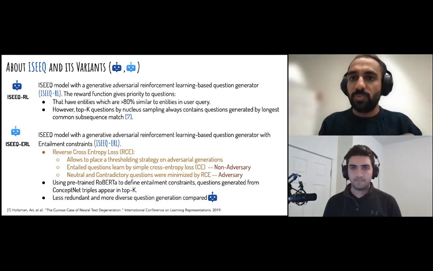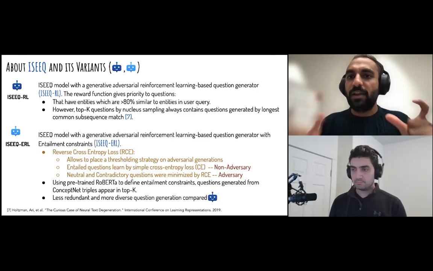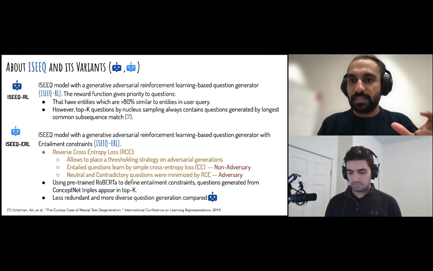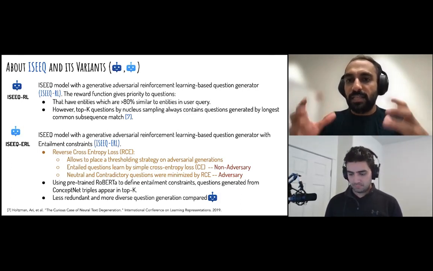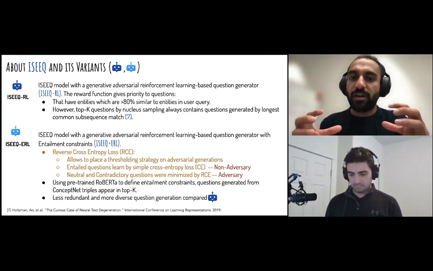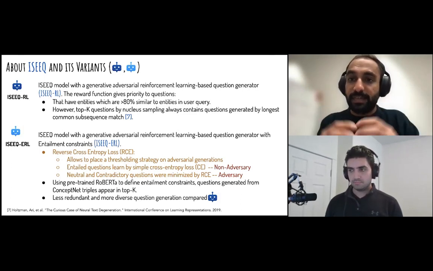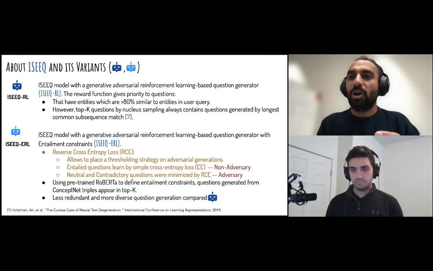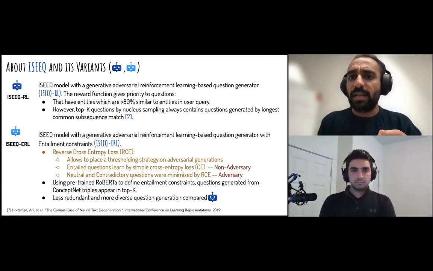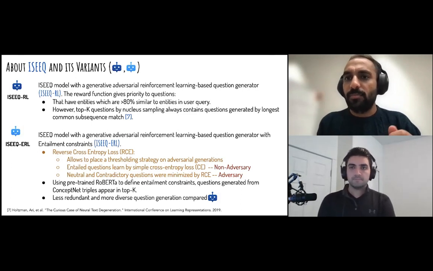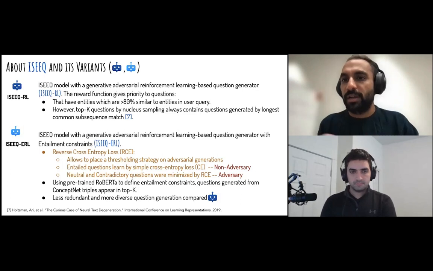So what we did was we took a RoBERTa model pre-trained on the Stanford Natural Language Inference dataset to tell that these two questions entail each other because this model is thinking so. So we just took RoBERTa as a way to generate probabilities so that our cross entropy loss and the reverse cross entropy loss function can work on it.